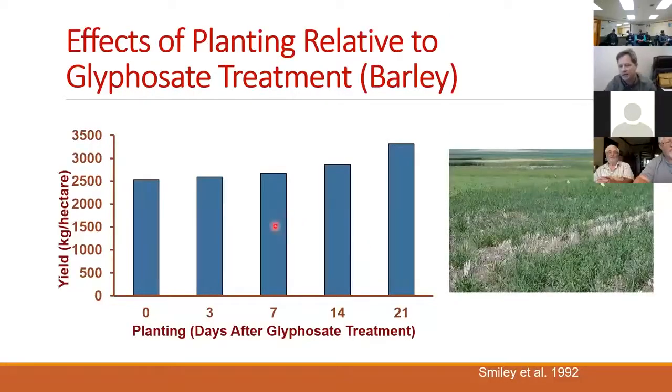This is a study done by Dick Smiley, and what he found, and this is not something I can ever recommend to you guys, is that waiting from the time of applying glyphosate to control a heavy volunteer load to planting your seed does provide a yield benefit for barley production, such that we're getting approximately 700 kilograms per hectare increase in yield by waiting 3 weeks relative to planting immediately after glyphosate treatment.